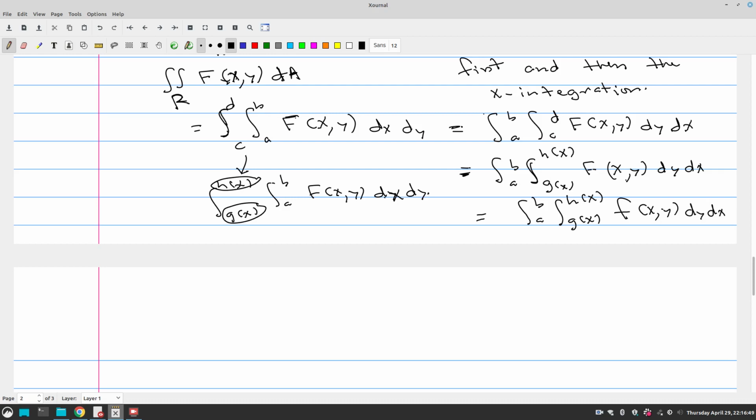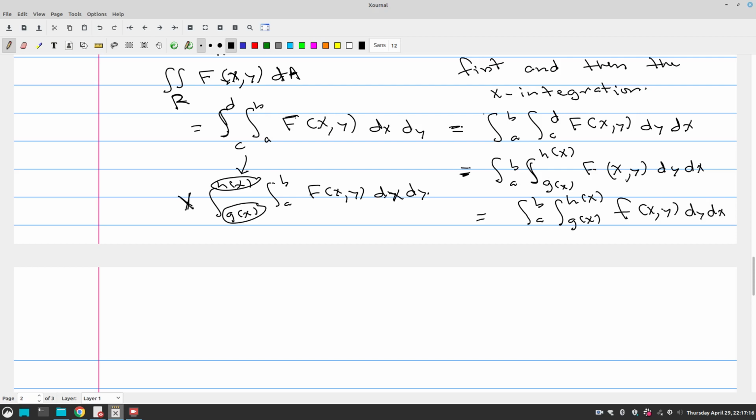Your answer is supposed to give you a number. But since the limits given are functions of x, you do the y integration first and then you do the x integration. So this is not something that you do.